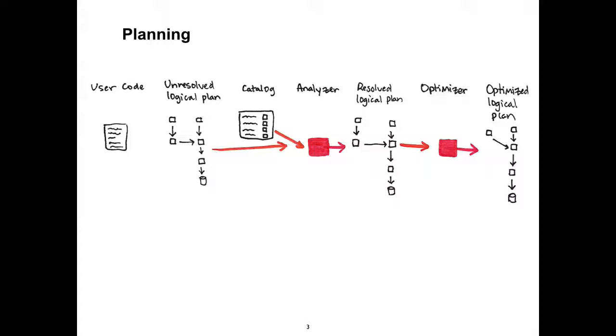And then the analyzer figures out, do you have all the rows and columns you say you're going to use? The resolved logical plan just says, look, yes, when they said they're going to select a column called foo, there's actually a column foo in that data frame. And then the optimizer figures out the best way to execute that code to be very efficient. This happens with data sets and data frames. It does not happen with RDDs.